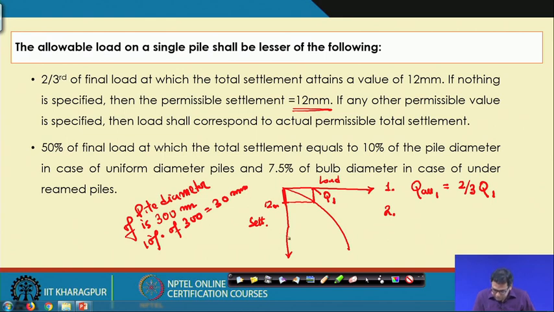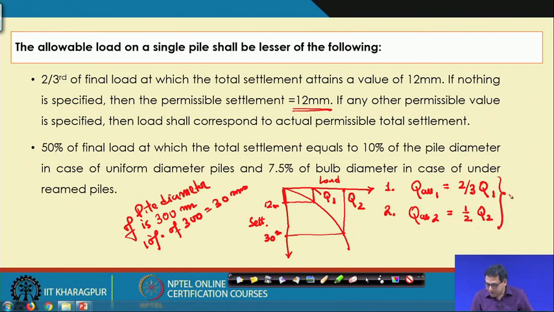Suppose this is your 30 millimeter. You have the corresponding load Q2. So, as per the second clause, your Q allowable 2 is equal to 50% of Q2, so half of Q2.